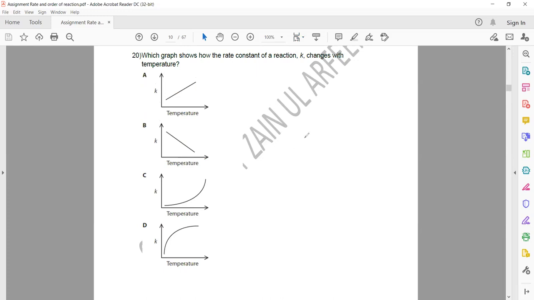It is ln k is equal to minus EA over RT plus a constant. So it does not have a direct relation. It has an exponential change. If temperature is doubled, k will increase by a greater factor. That's why C will be the right answer.